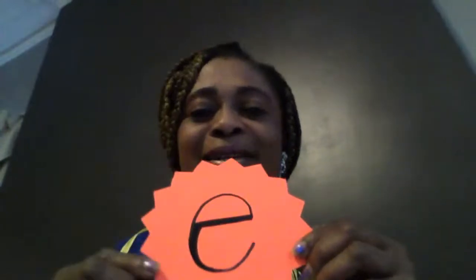Letter A. Oh, it's turning, but don't worry. This is letter A. We call it letter E in English, but Yoruba call it letter A. Remember, it is the fourth letter in Yoruba alphabet.